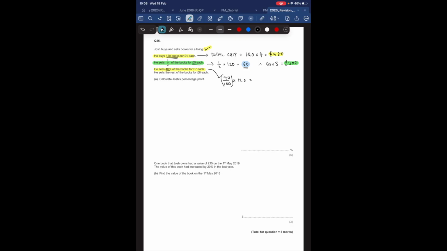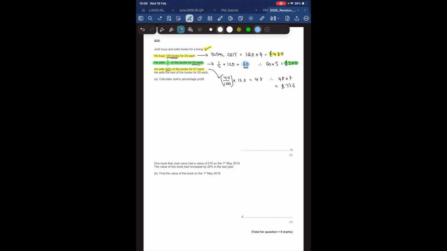That's going to tell us how many books he's selling for £7. So 40 divided by 100 times 120 will give us 48 books. And those 48 books are being sold at £7 each, which gives us a total of £336.